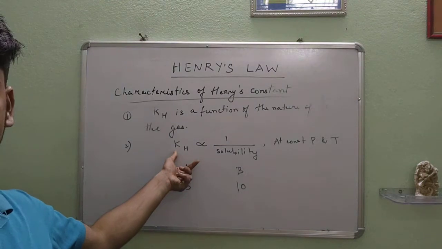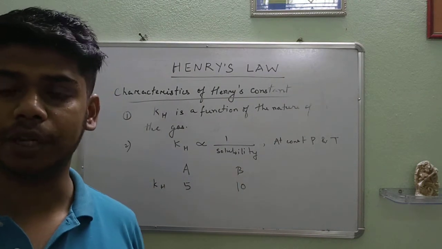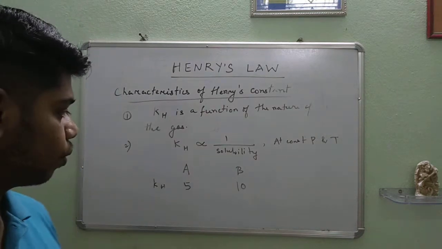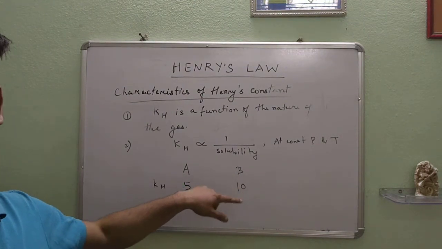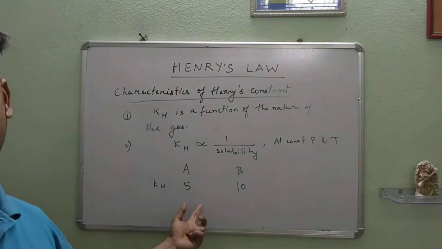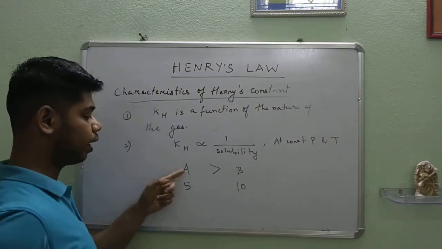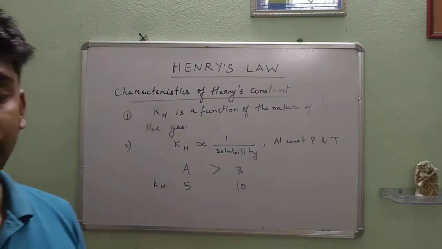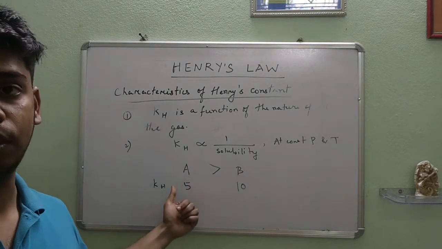As we can see from this formula, KH is inversely proportional to solubility. That means the higher the value of KH, the lesser the solubility. So clearly gas B will have lesser solubility than gas A. Gas A will be more soluble. So this will be the order: gas A is more soluble than gas B. Why? Because gas A has the lower value of Henry's constant.